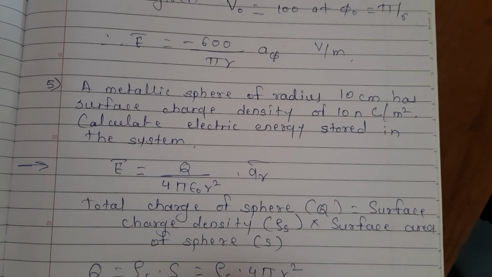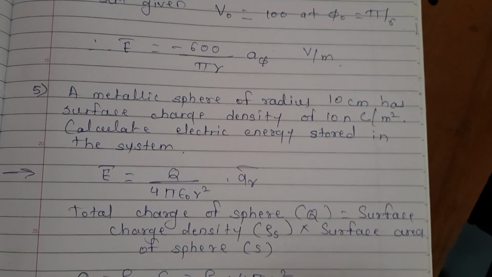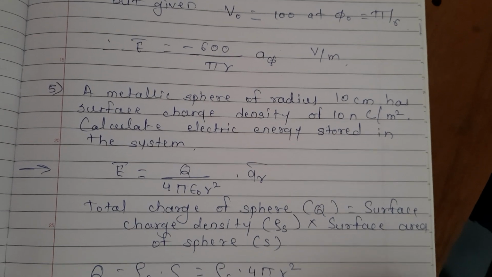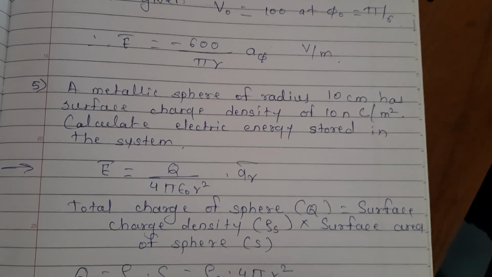So it is 10 into 10 raised to minus 9 into 4 pi into (10 into 10 raised to minus 2) square. So it is 1.257 nanocoulomb.